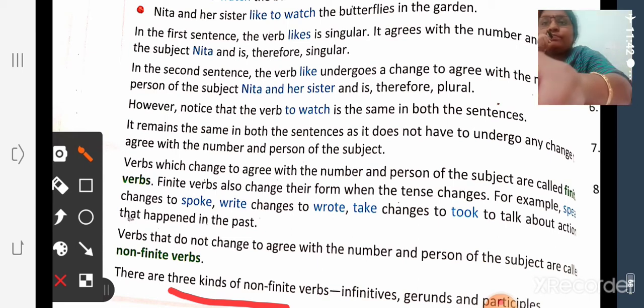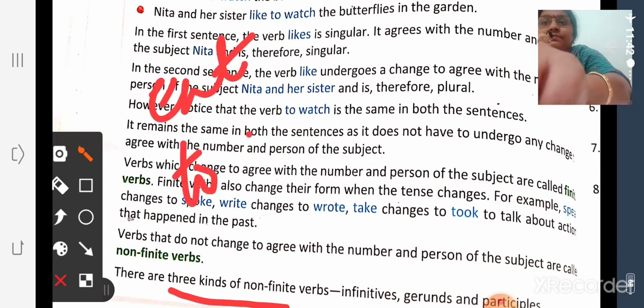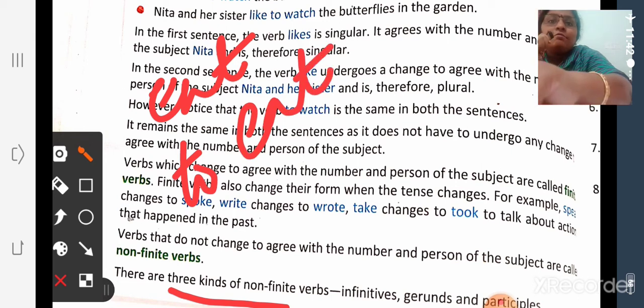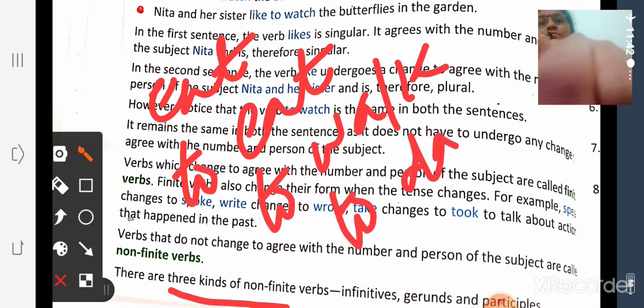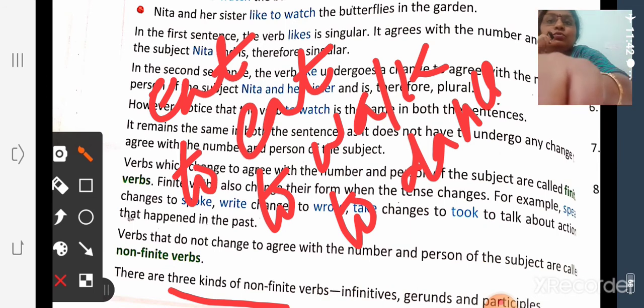For example, the infinitive form of eat is to eat. To walk is an infinitive, to dance. So to plus the base form of the verb is an infinitive.